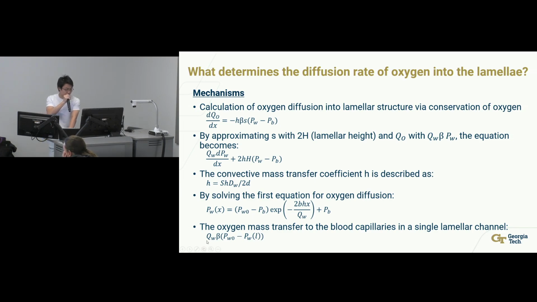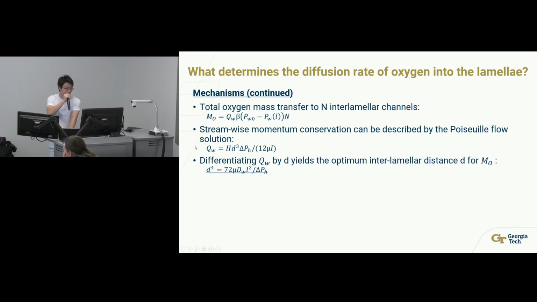And another expression to describe the oxygen mass transfer is the mass transfer of the oxygen times pretty much the partial pressure drop of oxygen in the water. And we can also use the Poiseuille flow solution to describe the streamwise momentum conservation, and then we can get an expression that describes the mass transfer of water.